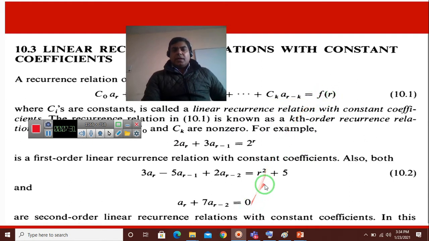It can be any expression in terms of r, any constant to the power r, or any constant. The constant may not be 0; it may be any value, either 4, 10, 42, something. So there are 3 components that may be available in the right hand side: constant, constant to the power r, or expression. Okay, I will explain later.